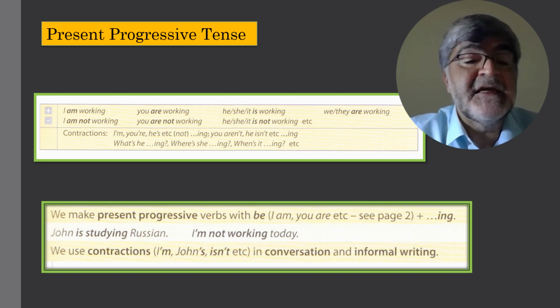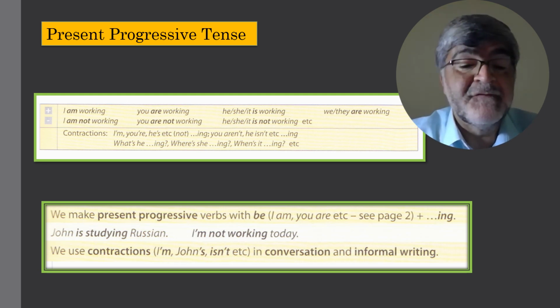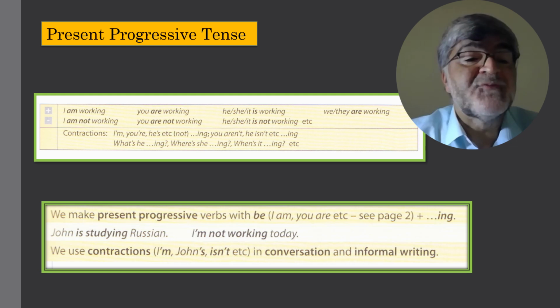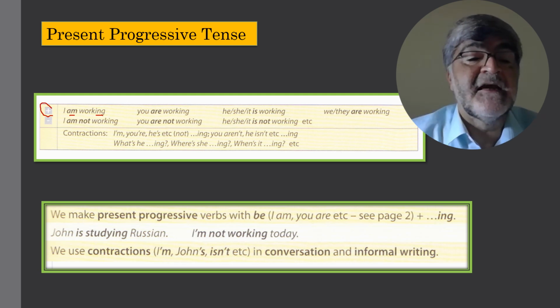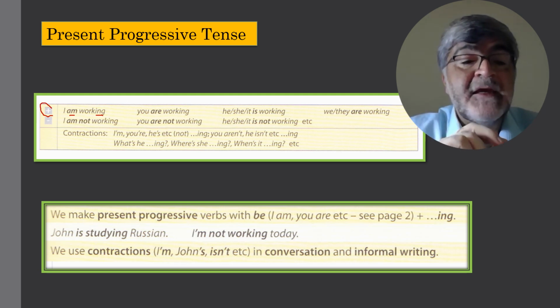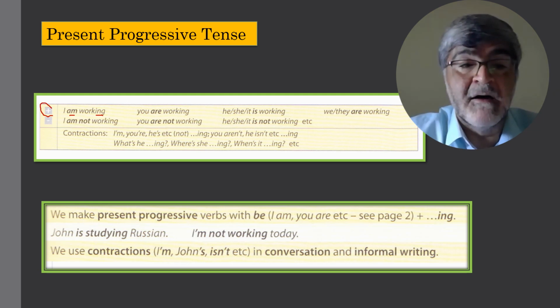Here you can see the different forms of present progressive tense. When we use the positive form, we say, I am working. What you can see here is that we've got two main parts in this sentence. One of them is am, it means to be: am, is, are.